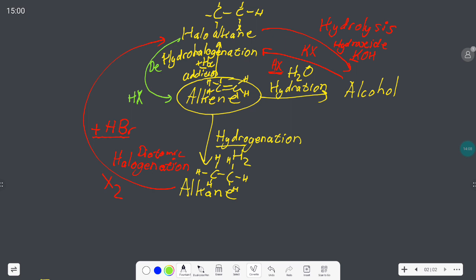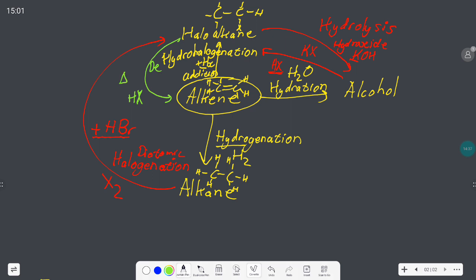Now, there are certain conditions for this to happen. Most of these reactions, addition and subtraction, happen at room temperature or under standard conditions. But in order to break something or to eliminate something, what is usually your first thing that gets added? In order to break a bond, we did this in grade 10 and 11, I have to add heat, kinetic energy.